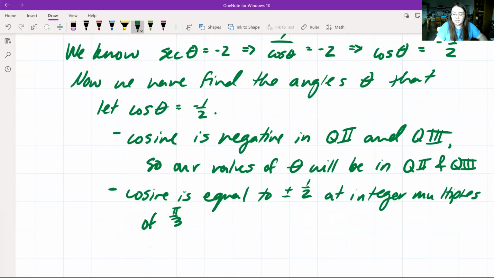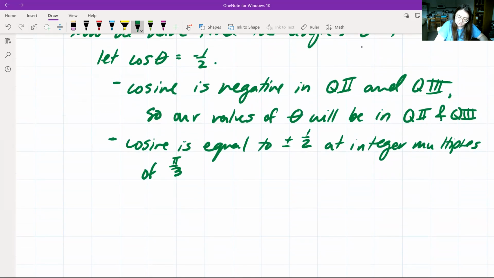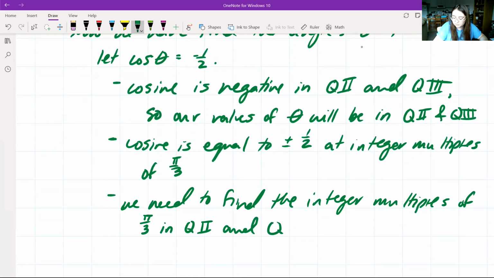And we're looking for -1/2 in quadrants 2 and 3. So we need to find the integer multiples of pi/3 in quadrant 2 and quadrant 3.